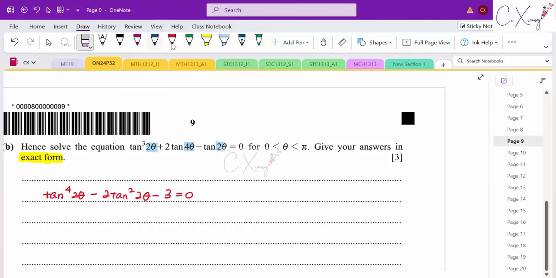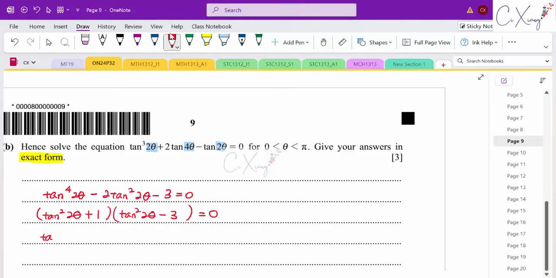Alright, so after I have changed the x to become 2 theta, this is actually a quadratic form equation in tangent. So you can try to factorize it. And then I will be having -3 and also +1.